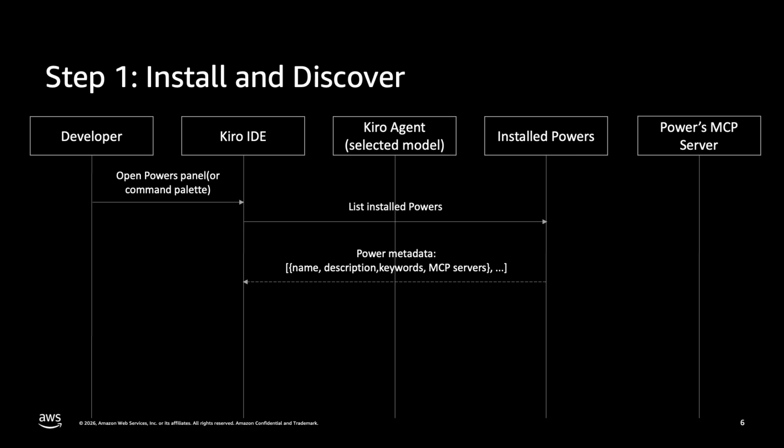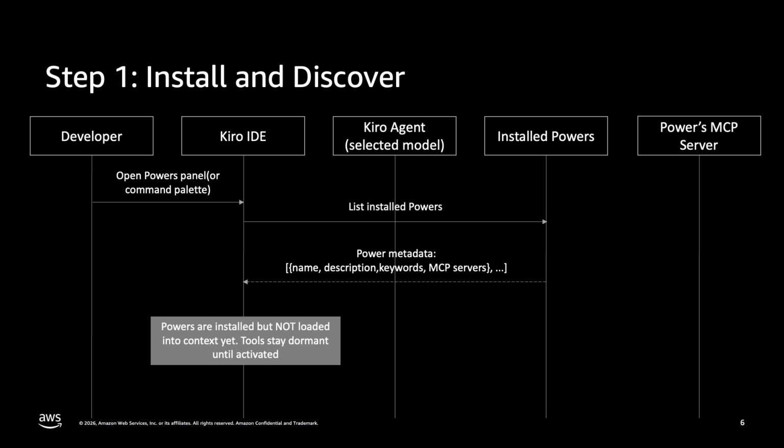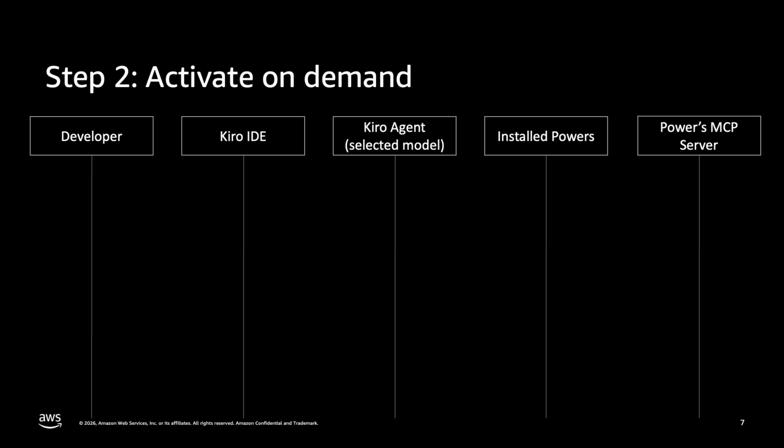But here's the key thing: nothing is loaded into context yet. The tools stay completely dormant. This is a fundamental difference between raw MCP servers, which load all the tool definitions at startup into every single conversation, and powers. With powers, they just sit there quietly until you actually need them.